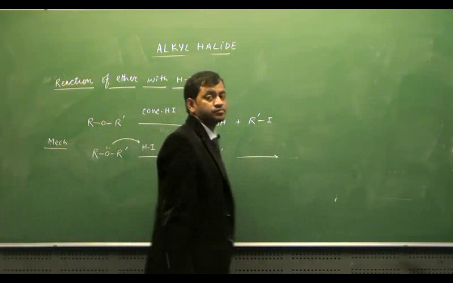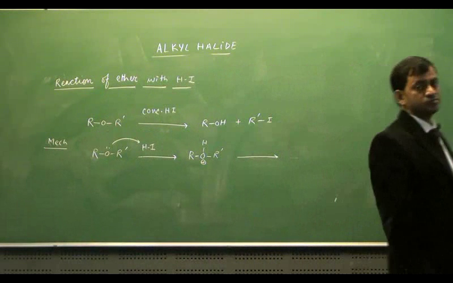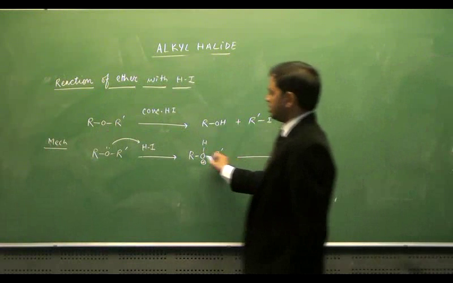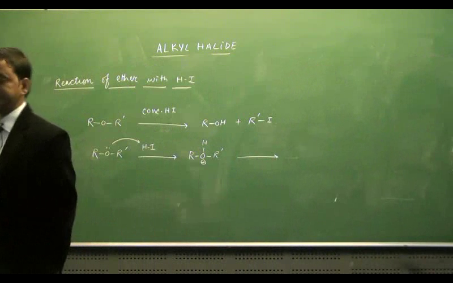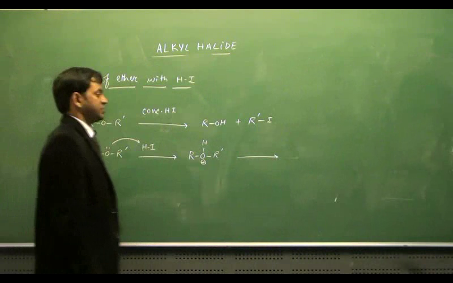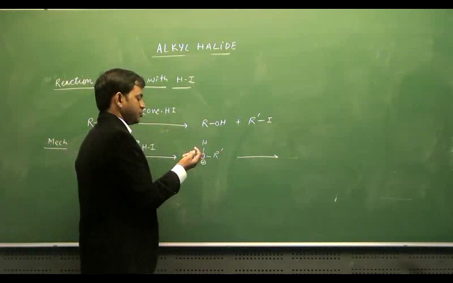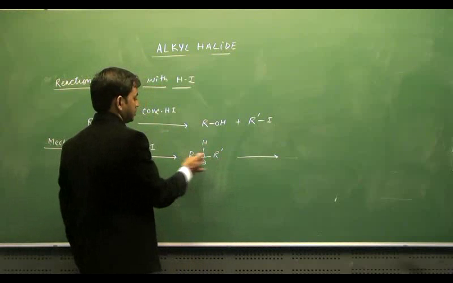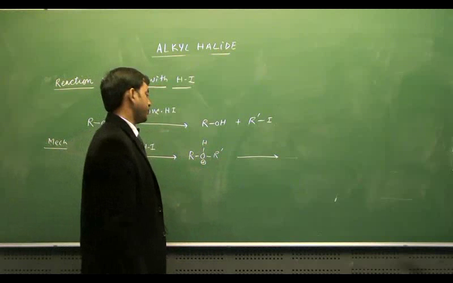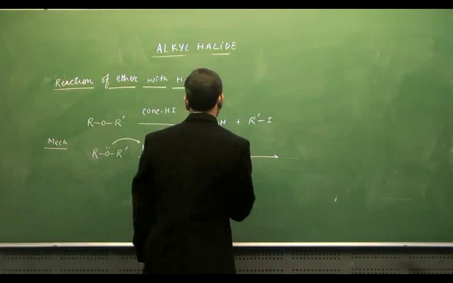Now in the second step, if any one of this alkyl is 2 degree or 3 degree, then the reaction proceeds by SN1. If it is a 1 degree alkyl group, or one which does not give a stabilized carbocation, it follows SN2.